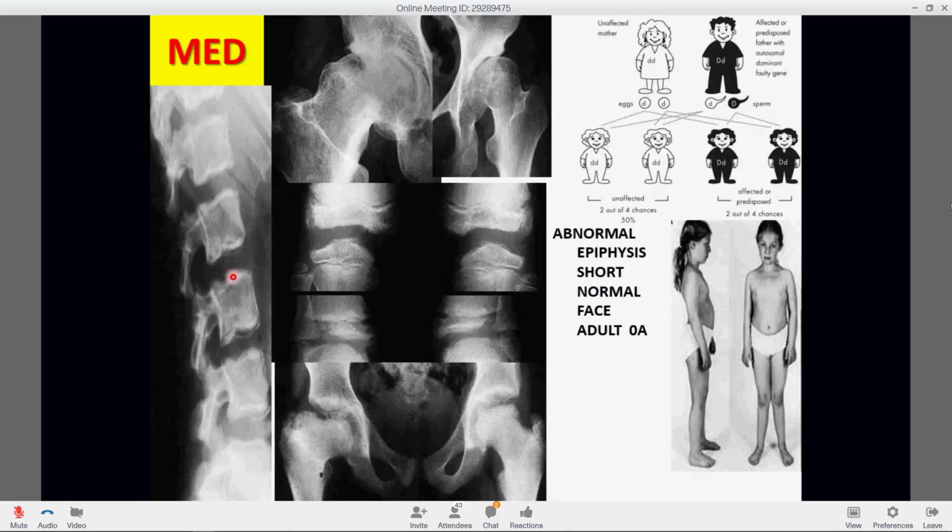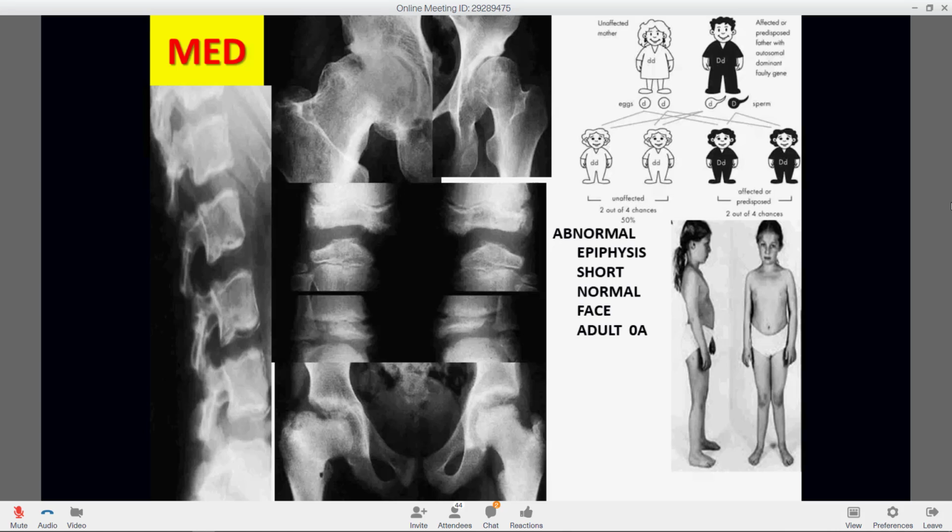Vertebrae are normal. The vertebral shapes are normal. And in the future, you can see the joint is incongruent and it may lead to osteoarthritis. So multiple epiphyseal dysplasia is a condition that occurs in the growth of the epiphysis.